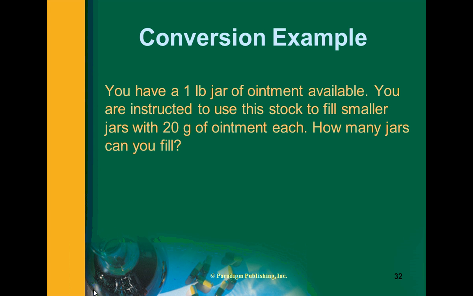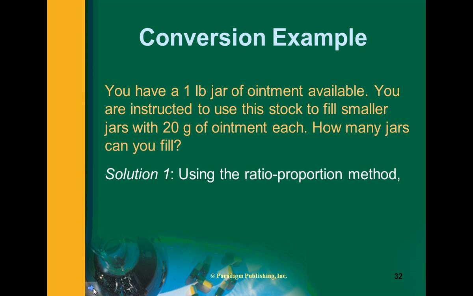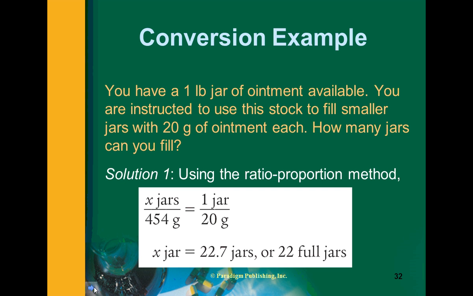So if you're looking at your problem here, you have a 1 pound jar of ointment available. You are instructed to use this stock to fill smaller jars of 20 grams of ointment each. How many jars can you fill? Well, we can do this one already in ratio proportion. So if you look here, you have X jars.